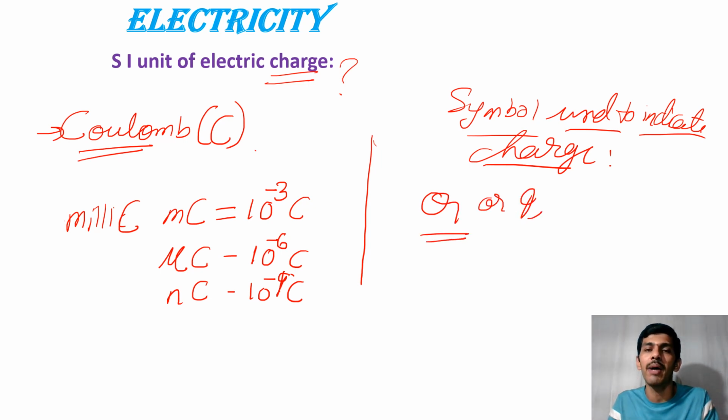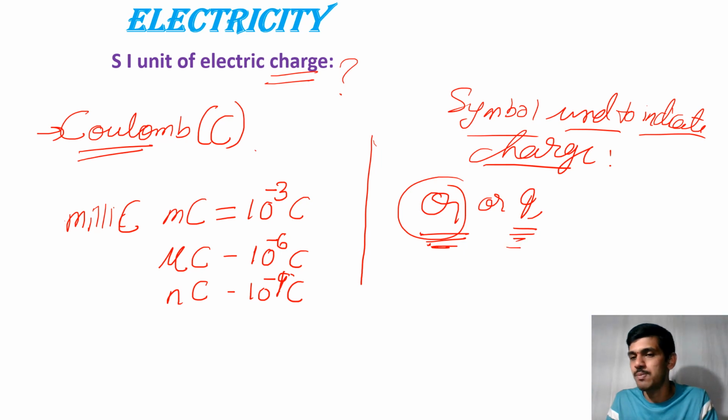Sometimes small q is used, sometimes capital Q. Don't get confused here. Coulomb is the SI unit of charge, and Q is the symbol we use to represent a charge. I hope the concept of the SI unit of electric charge and its smaller units is clear to you.